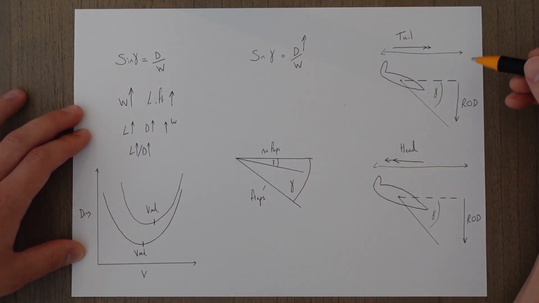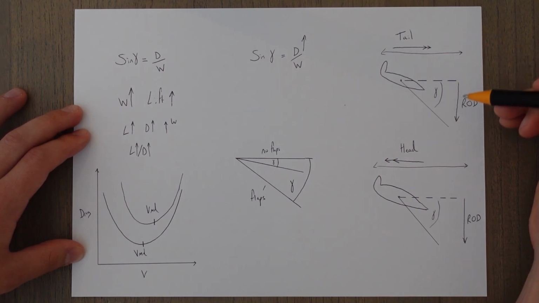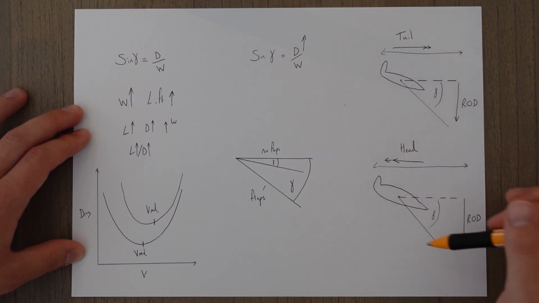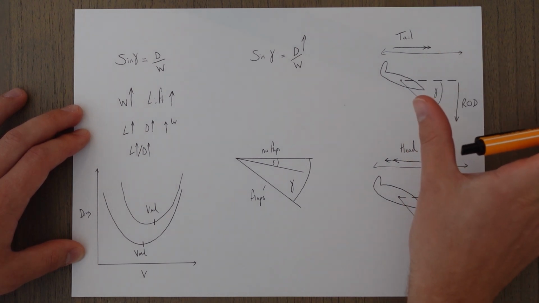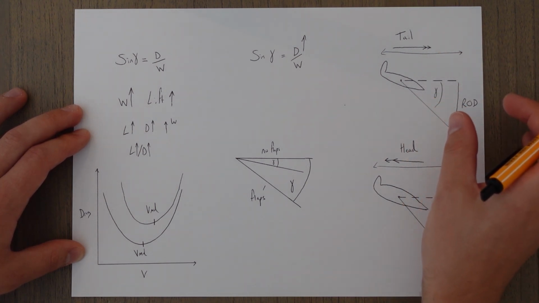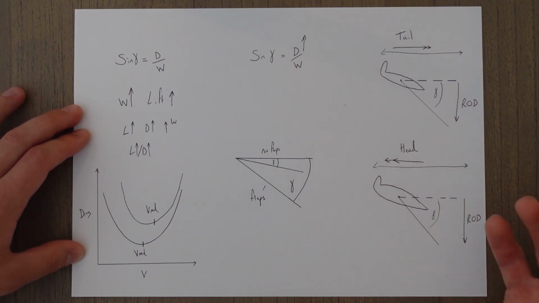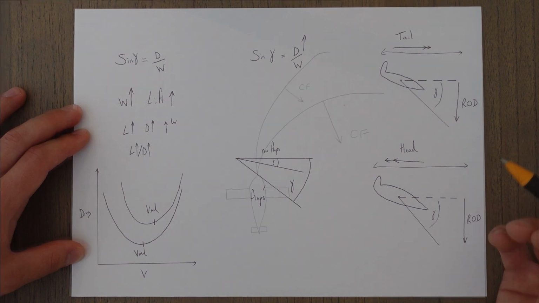So that conversion of height potential energy to kinetic energy still occurs at the same rate. There's nothing pushing against us or pushing behind us to help us down. So a tailwind will extend the range but have no effect on endurance, and a headwind will reduce the range but also still have no effect on the endurance.